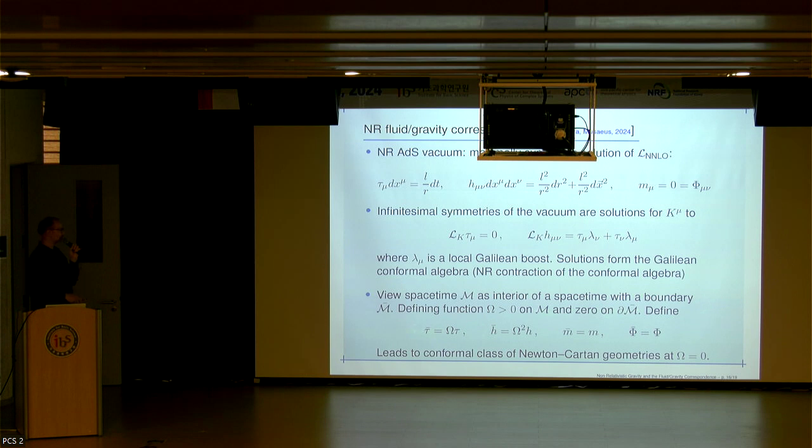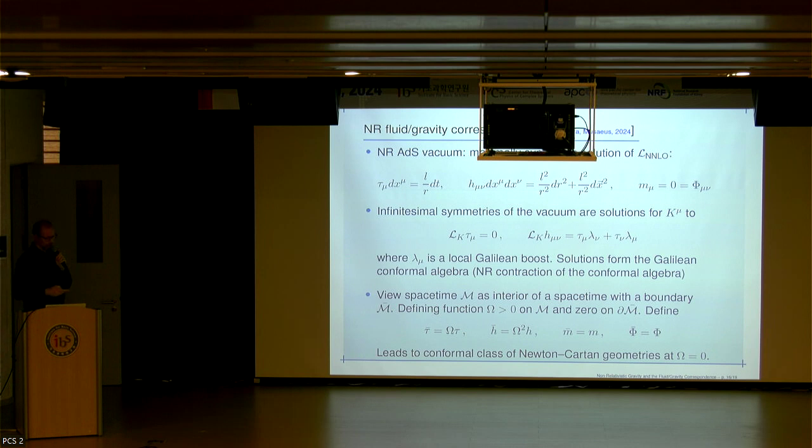Then you can rescale your metric variables in this way and extend them to the manifold with the boundary. This allows you to define a boundary geometry. Because this omega function is defined up to rescaling by an arbitrary positive function, this leads to a conformal class of Newton-Cartan geometries on the boundary. So at R equals 0, we have a Penrose-like boundary with a Newton-Cartan geometry on that boundary.